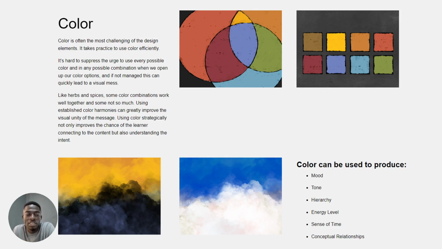Now this color would be used to produce a mood, tone, hierarchy, energy level, sense of time, conceptual relationships. How does color get us these things? If you take mood, you can create a flyer and the color of your flyer would be, let's take the color black.